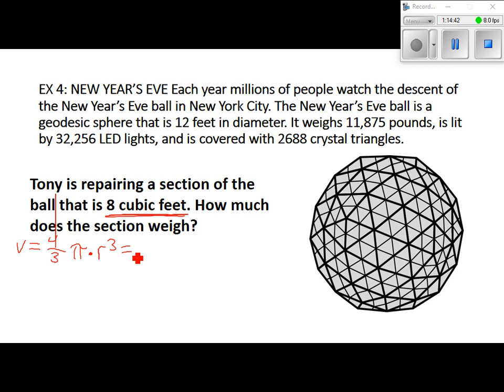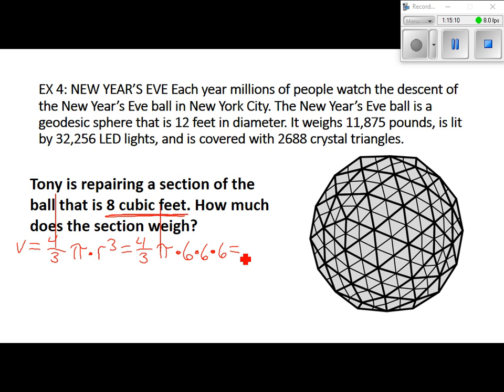So we're going to find the volume of the ball, and then we'll have to probably set up a proportion like we did on the other part. So this is just 4 divided by 3 times pi times, and the radius was 6, so it's going to be 6 times 6 times 6. I'm going to write it out that way so I don't have to try to cube it on my calculator.